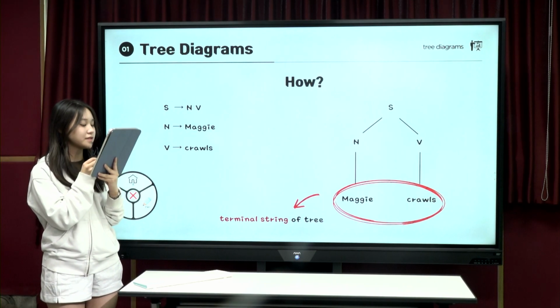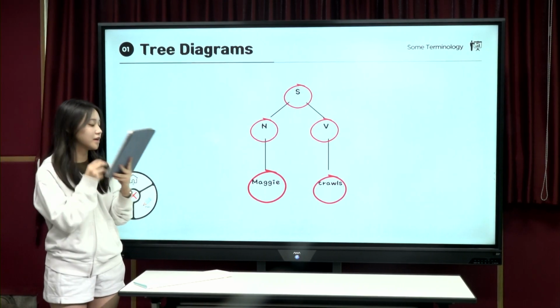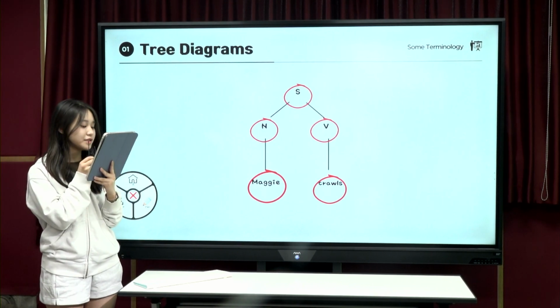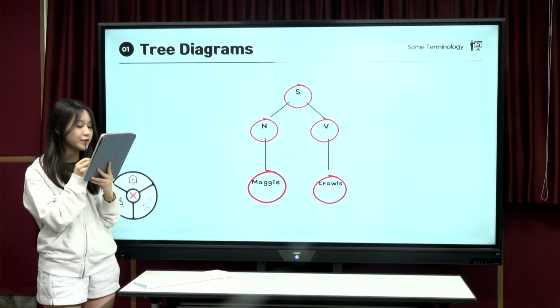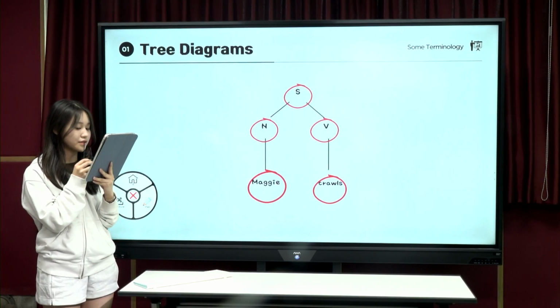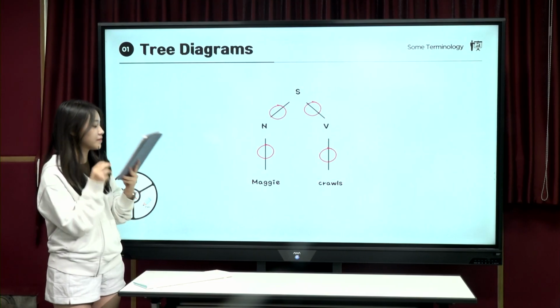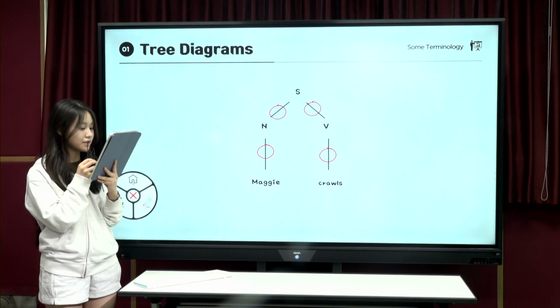Then I will explain some terms about tree diagrams. First, the points in a tree that are labeled by categories like S and V, or words like Maggie, cars, are called the nodes of the tree. And then the lines that connect nodes are called the branches of the tree.